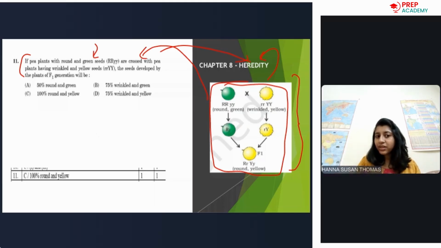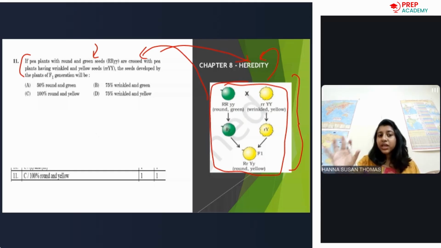Round is related to the shape of the seed, green being the color of the seed. The second pea plant has wrinkled and yellow seeds. Wrinkled being the shape of the seed, yellow being the color of the seed.